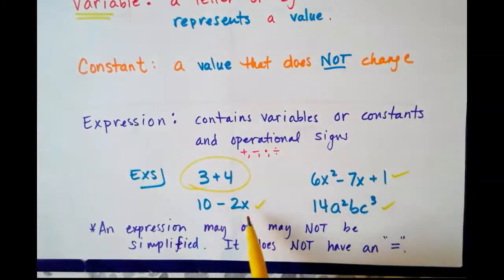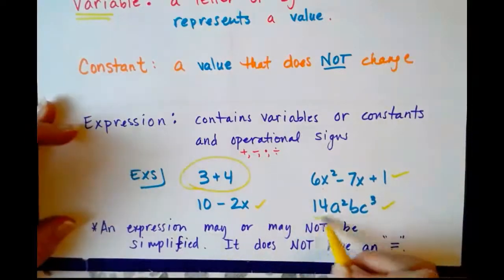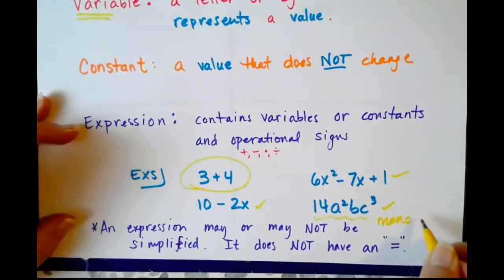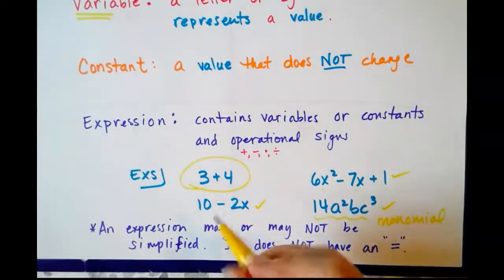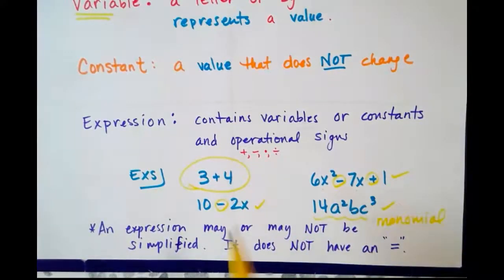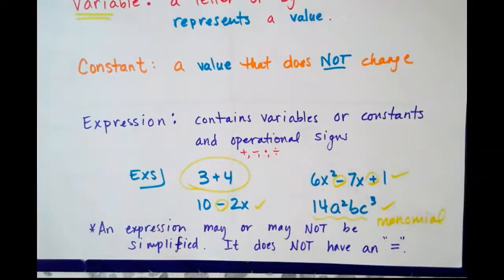This is a two-term expression. It's called a binomial. This is a three-term expression, 1, 2, 3. It's called a trinomial. But this guy is a monomial. It only has one term. The terms are delineated by the operational signs: plus, minus, times, division.